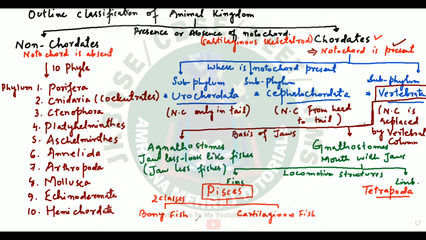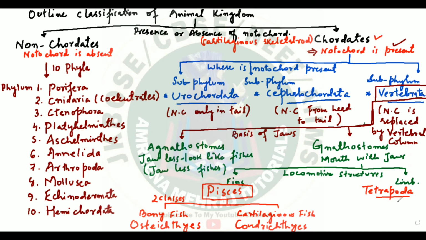Bony fishes, this class is given the name Osteichthyes, and this class is given the name Chondrichthyes. Okay, Chondrichthyes.